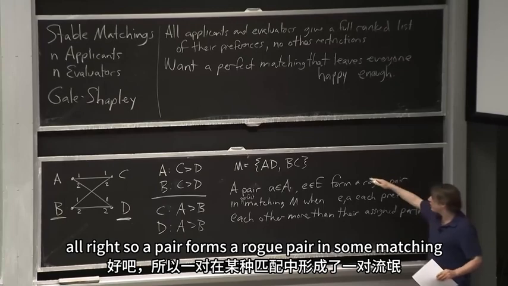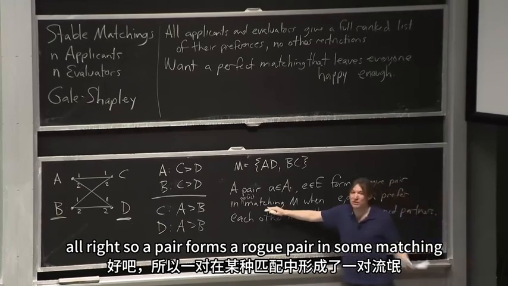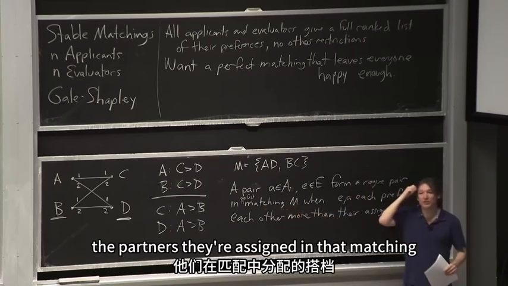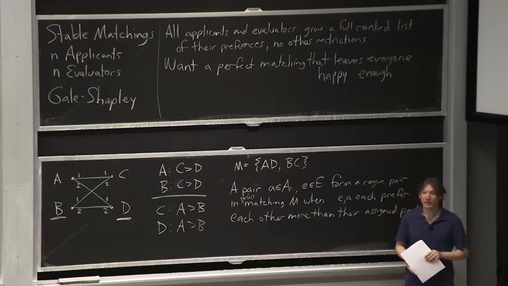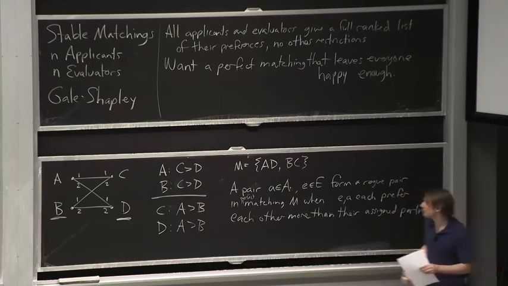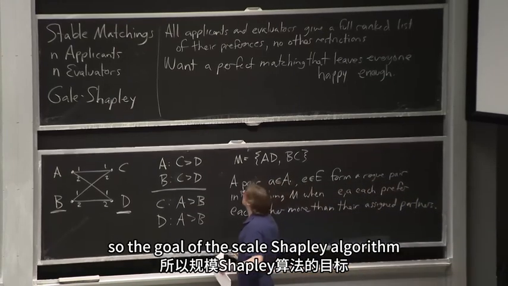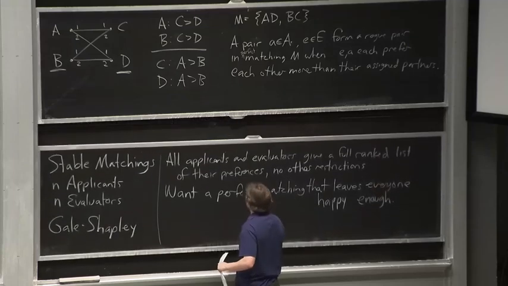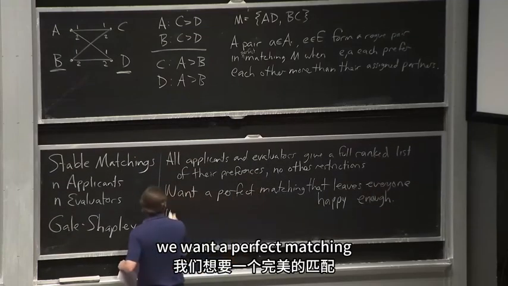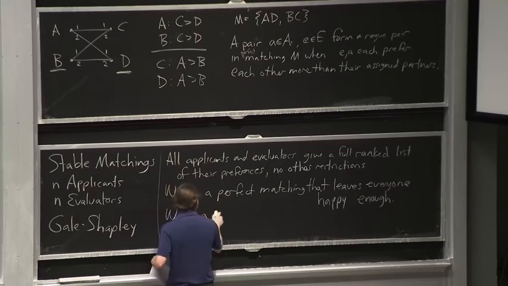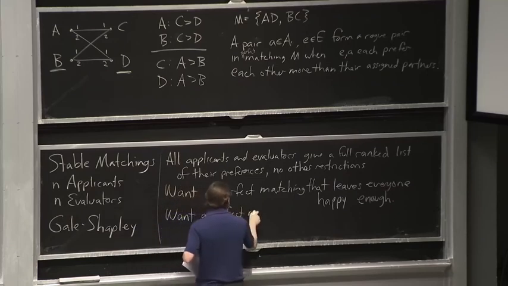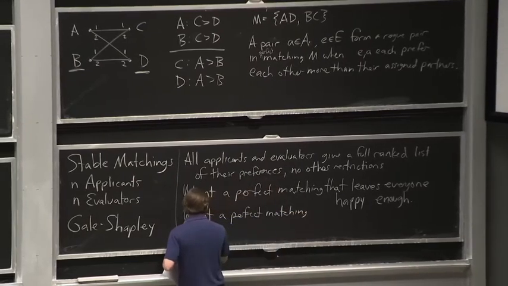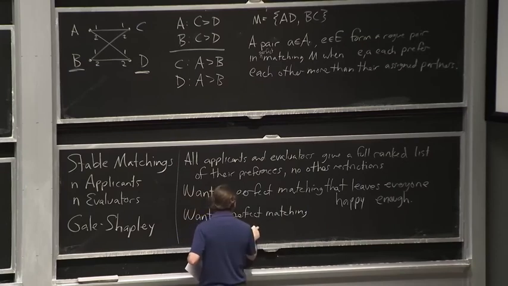All right, so a pair forms a rogue pair in some matching if they would each prefer each other than the partners they're assigned in that matching. And the goal of the Gale-Shapley algorithm is a perfect matching with no rogue pairs.